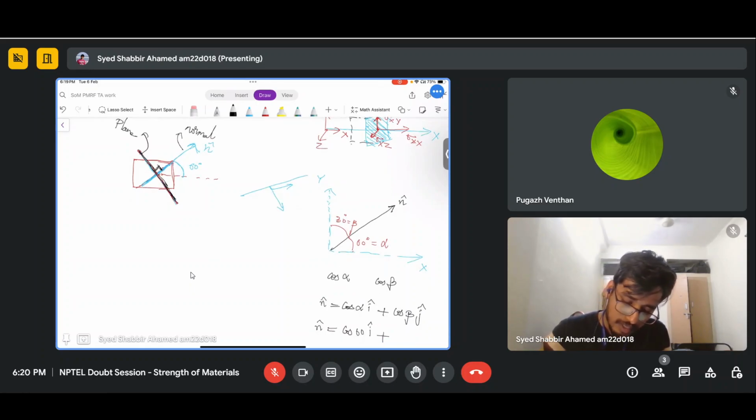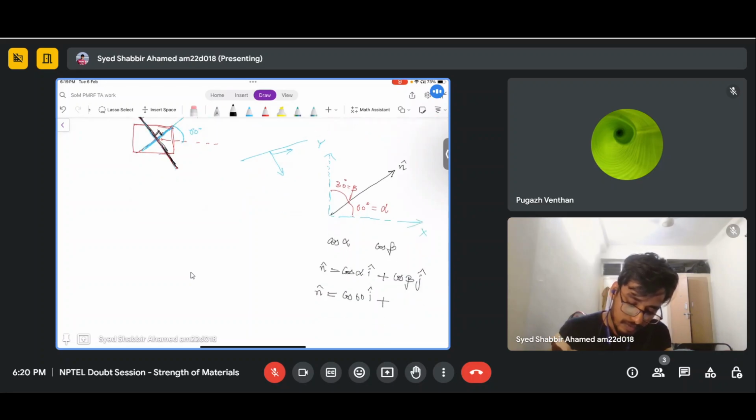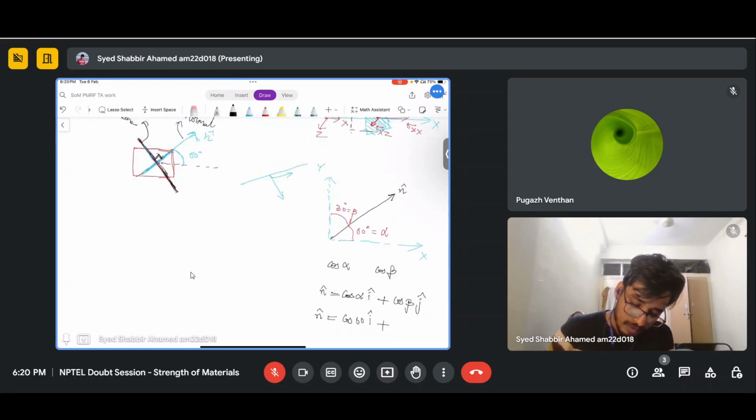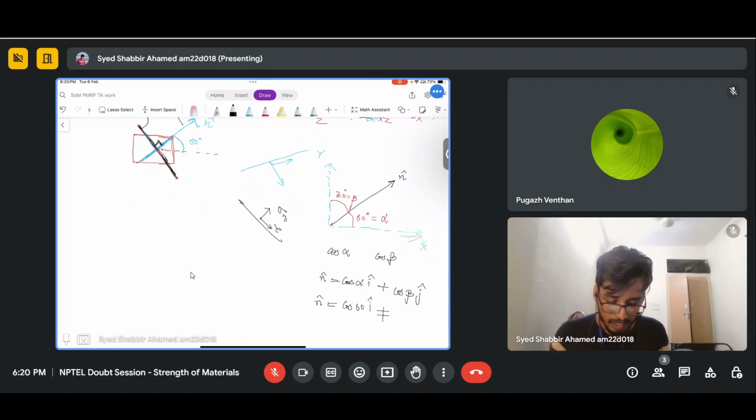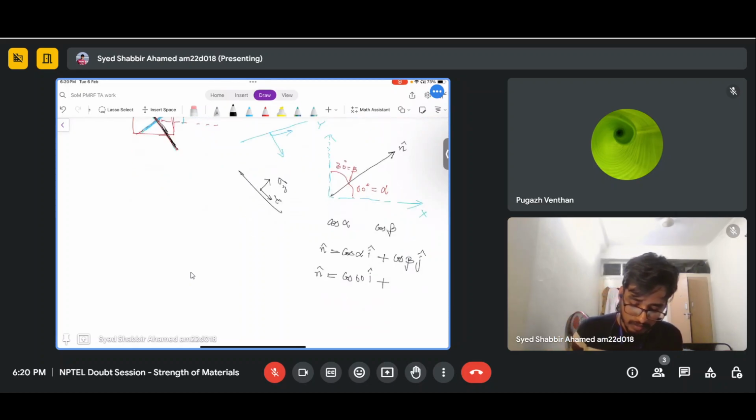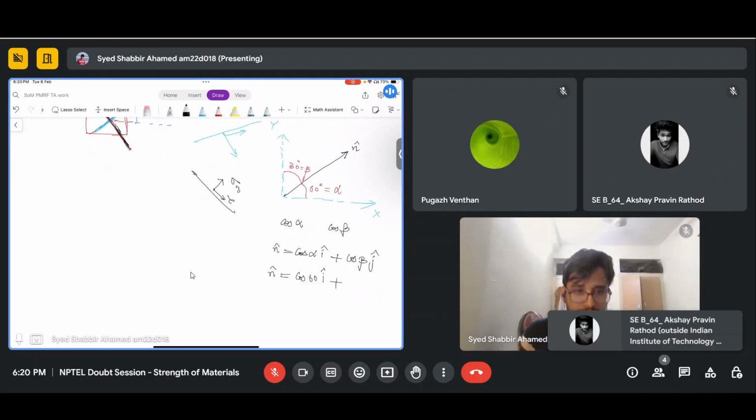This is the problem: what is the normal stress and what is the shear stress on this plane? That we have to get. Now I know the direction cosines, and from that I get the normal.